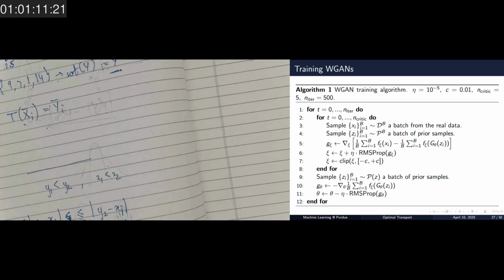Once it closes that gap, you short circuit the number of iterations. So you have multiple iterations for the generator as well as multiple iterations for the discriminator based on whatever threshold is set. And I removed the clipping and replaced RMSProp with Adam.